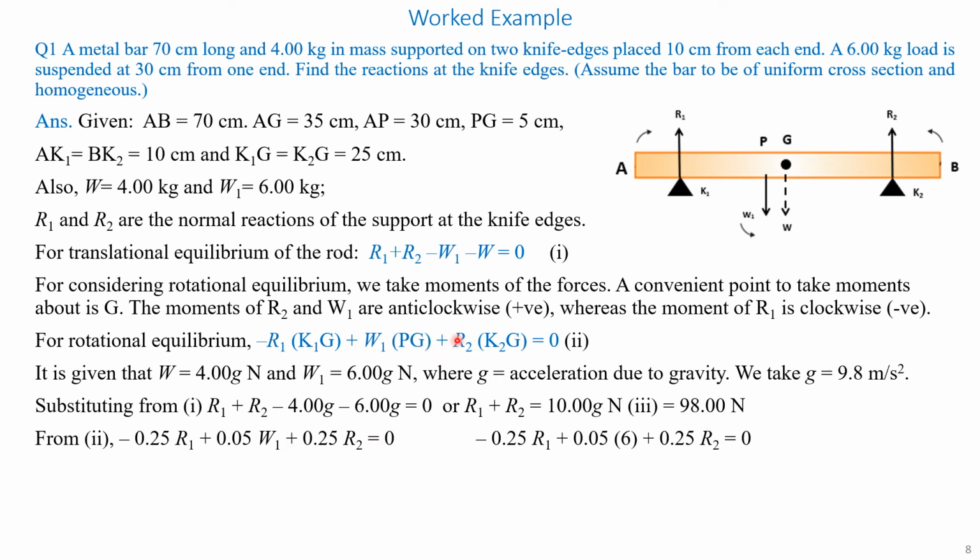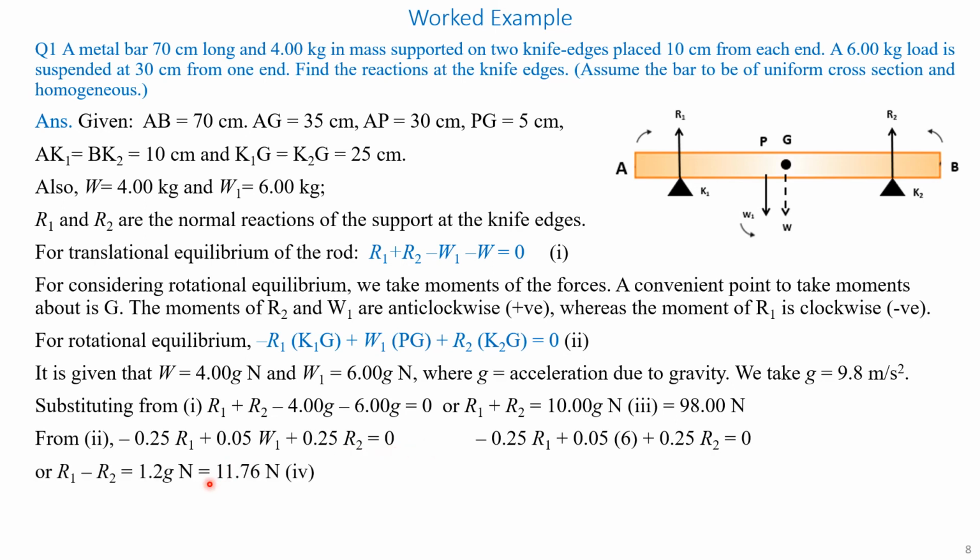From equation 2, the equation for rotational equilibrium, we get minus 0.25 R1, where K1G is 0.25 meters, converted from centimeters into meters, plus 0.05 meters into W1, that is PG into W1, plus 0.25 into R2 equals 0.